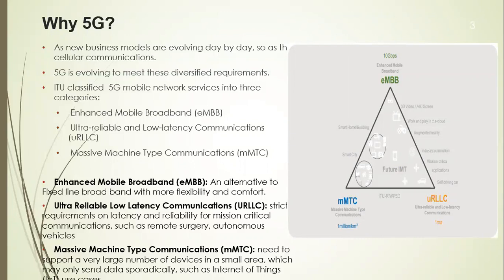Enhanced mobile broadband is a broadband service, just like our landline, fixed line broadband service that we currently use in our home or in office, to provide internet services to a group of employees or a group of users using a cellular technology. The aim is to replace the fixed line broadband services with enhanced mobile broadband, which is based on the 5G technology.